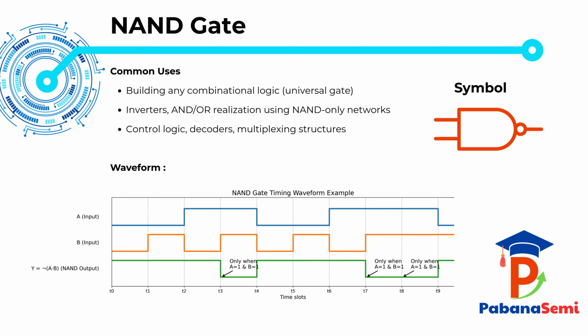Notice the key behavior. The NAND output remains high for the majority of input combinations. The output dips low only during the time intervals when both A and B are high simultaneously. That is precisely why the slide highlights the condition, only when A equals 1 and B equals 1.